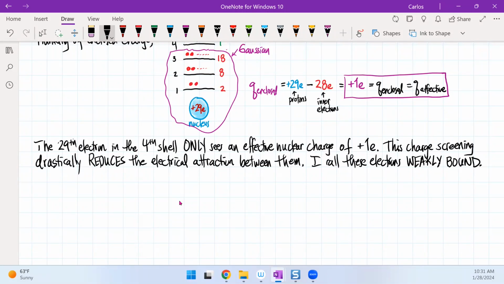Other people call them differently, depending on which topic you're dealing with. Some people call them valence electrons. Some people call them conduction electrons. There's lots of names.